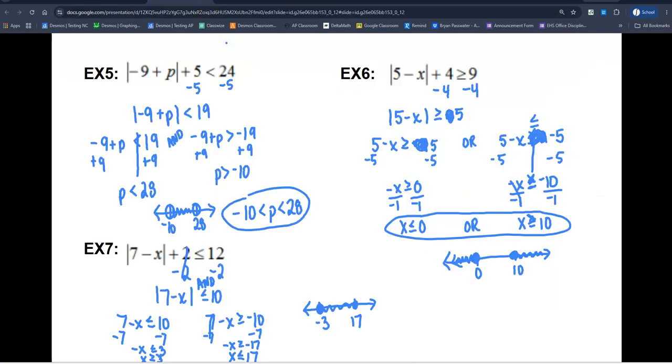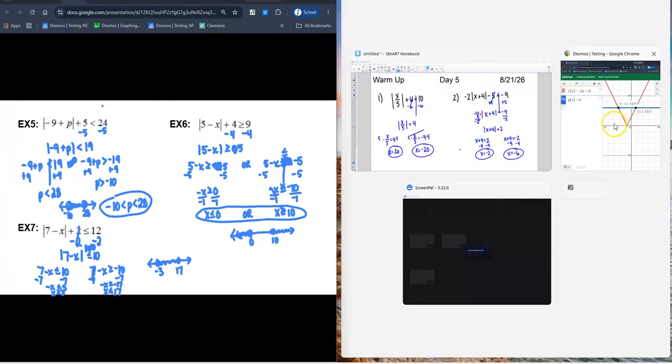Okay. So for this next one, to solve it, you're going to go through those steps. But what a lot of kids have trouble with is that they can get the numbers right a lot of times, but then they're falling apart on inequality stuff. So let's look at this with Desmos.